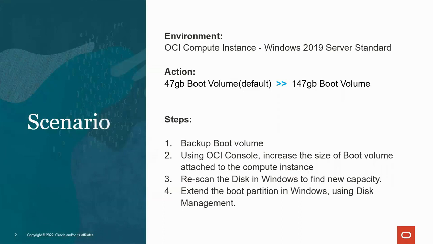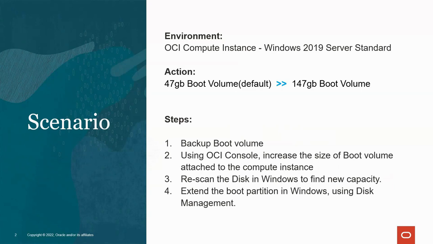So here is a scenario. You have a Windows 2019 Server Standard compute instance running on OCI, Oracle Cloud, and you need to increase its boot volume capacity from 47 GB, which generally comes by default when you create a Windows-based instance in OCI, unless you have chosen a custom boot volume option during creation.